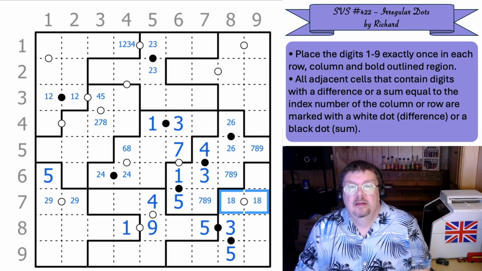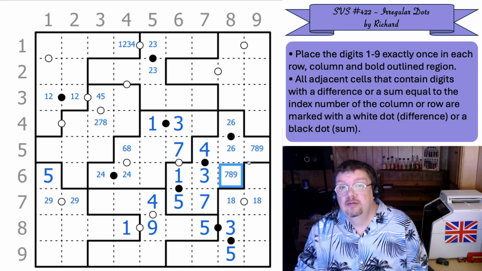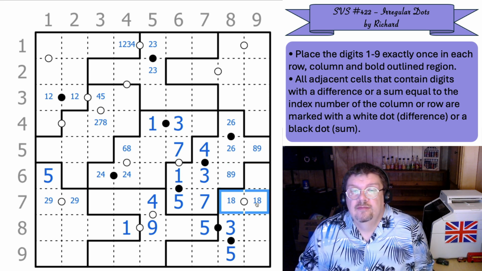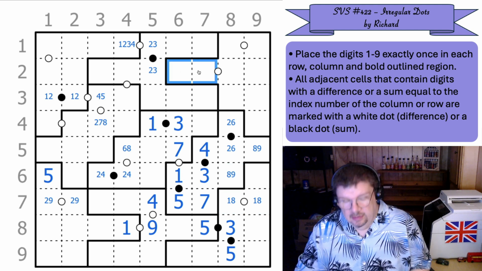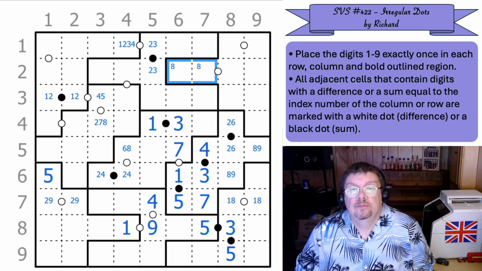There we go. That 8 and that 9 makes that 7, which removes 7 from those. I've used up the 8s in columns 8 and 9, so there must be an 8 in one of those two. Okay.